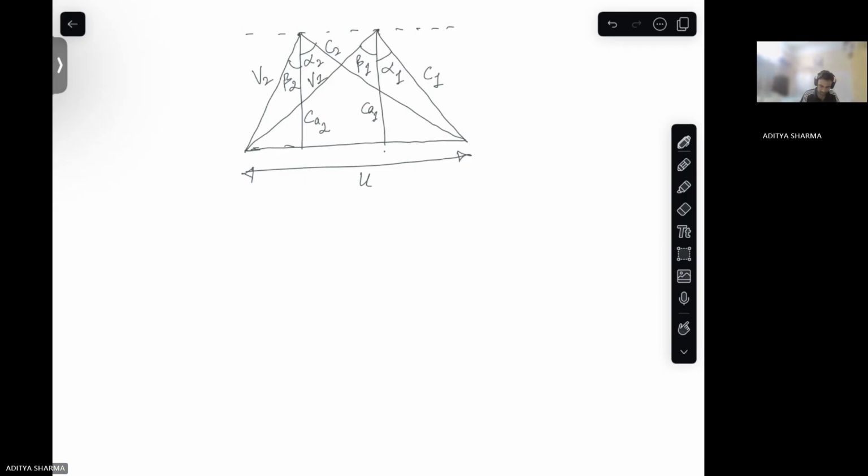Then this is your tangential velocity for your inlet conditions, CW1, and this one is for your second one, right, at the exit.